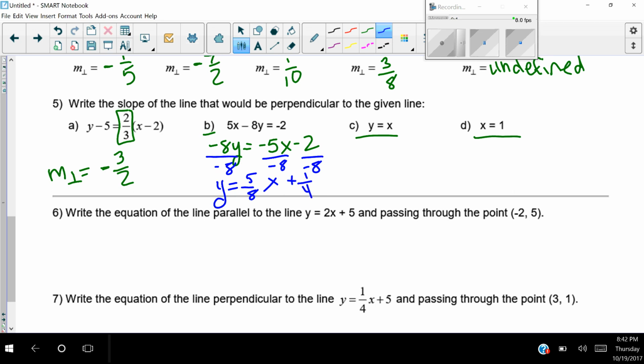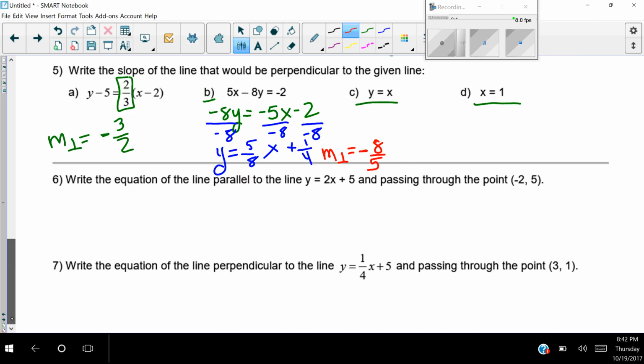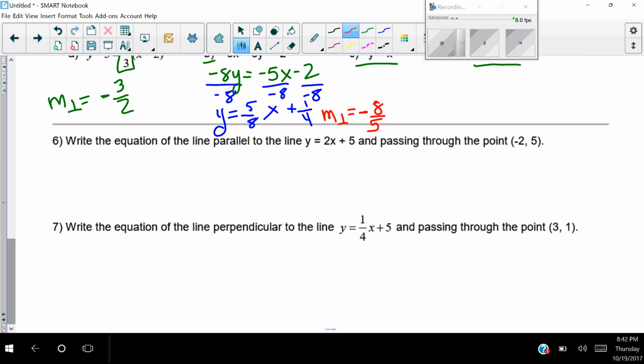We've done this. Now my perpendicular slope to positive 5/8 is negative 8/5. Fractions are pretty easy to do. This is kind of like a review. Let's try number 7. You guys can try number 6.